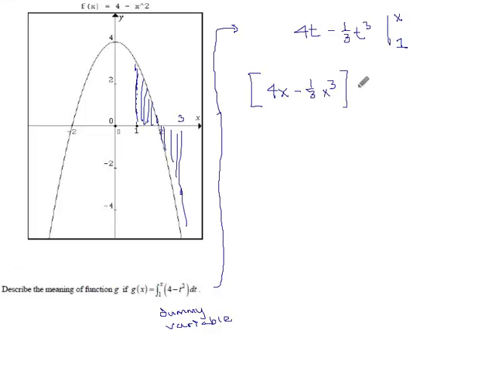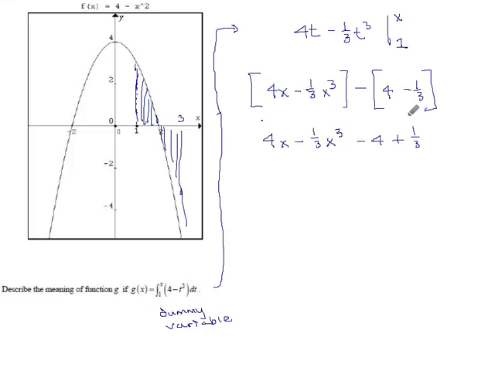And now we do minus. And now we run it again, but now everywhere there used to be a t, I'm putting a 1 in its place. So we get 4 times 1 minus 1/3 of 1 to any power is 1. Okay, so if we clean that up, we get 4x minus 1/3 x cubed minus 4 plus 1/3.